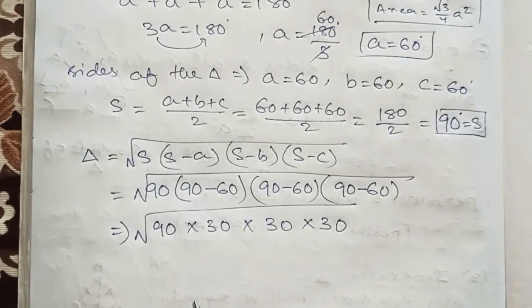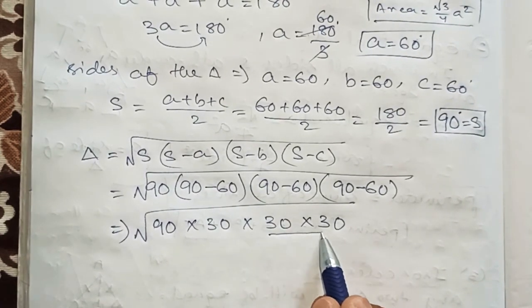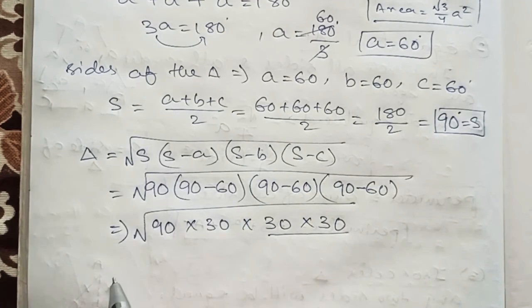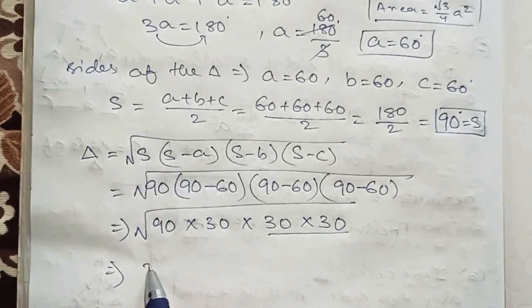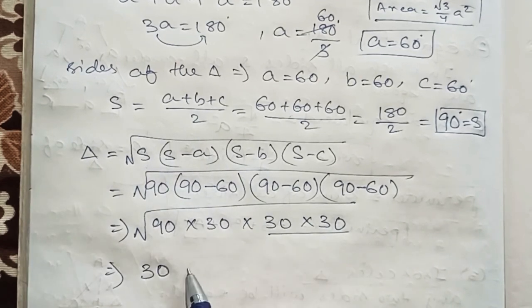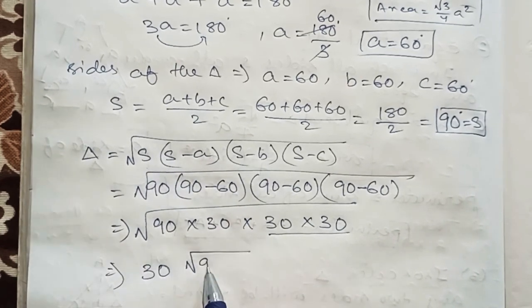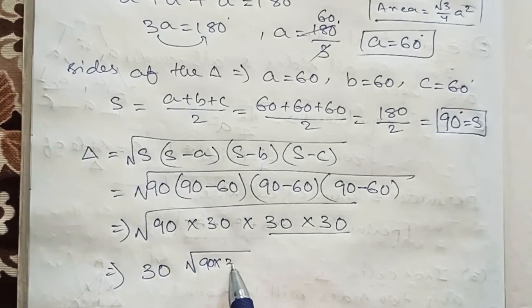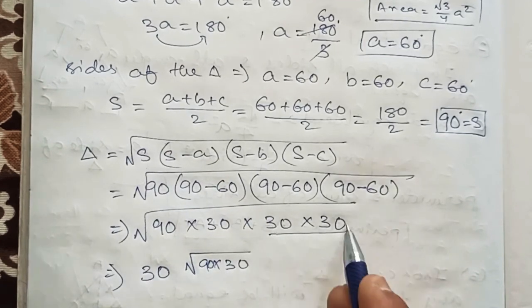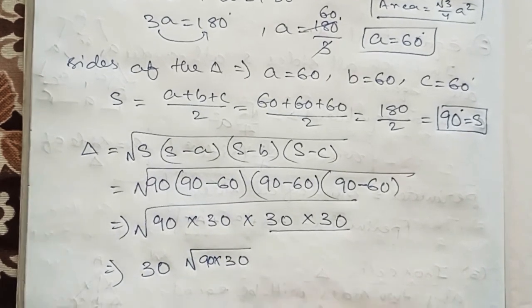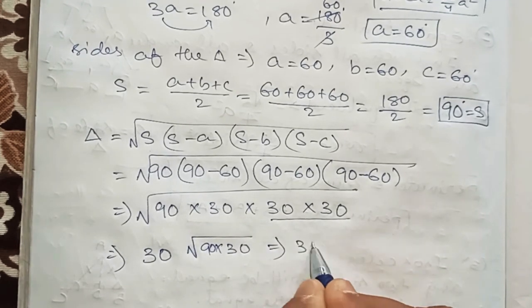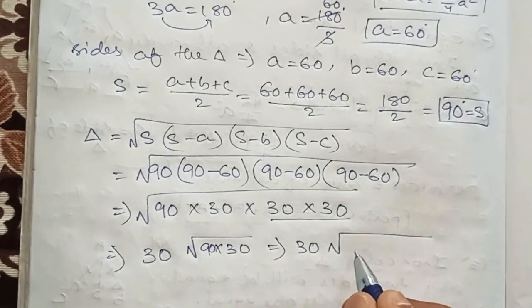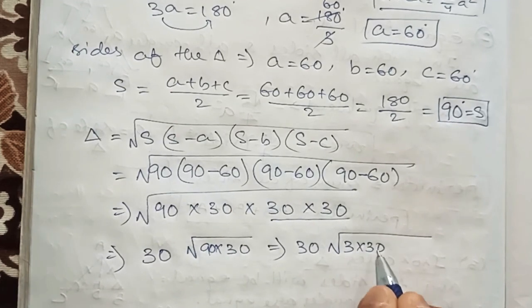As I already told you, wherever you see a pair of numbers, take one out of the square root. Out of these two 30s, I will take one 30 outside. Inside we are left with 90 into 30. Now 90 can be written as 3 into 30.